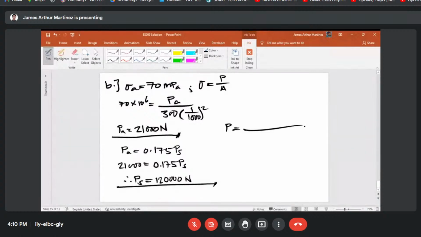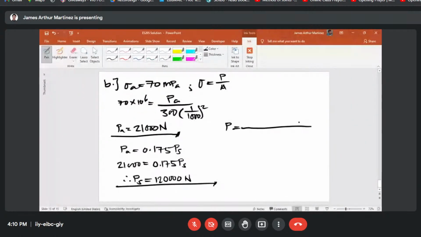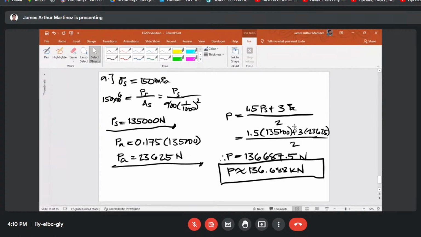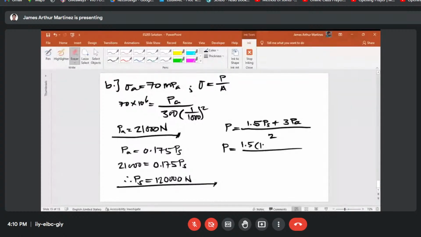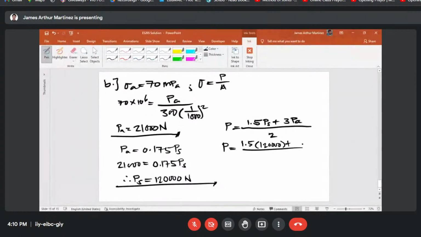Sige, so we can now compute the value of P. We have an equation for obtaining the value of P. Diba? This is our equation number 1: 1.5 times PS plus 3 times PA, over 2. Tama ba? So, substituting the values for PS and PA, plus 3 times 21,000, all over 2.